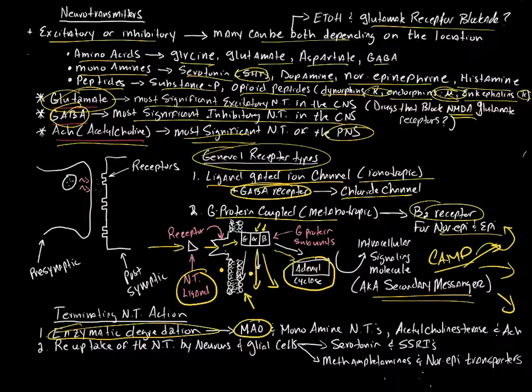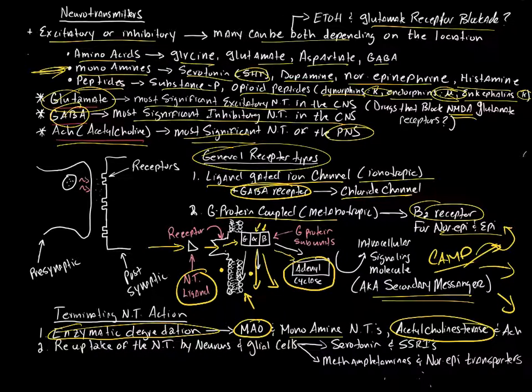Okay, monoamine oxidase oxidizes monoamines. So these guys here, right, serotonin, dopamine, norepinephrine, epinephrine, histamine, are all deactivated by monoamine oxidase, right? It oxidizes the neurotransmitter and deactivates it, okay?